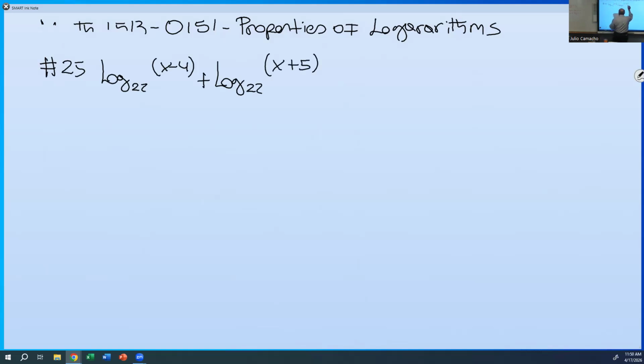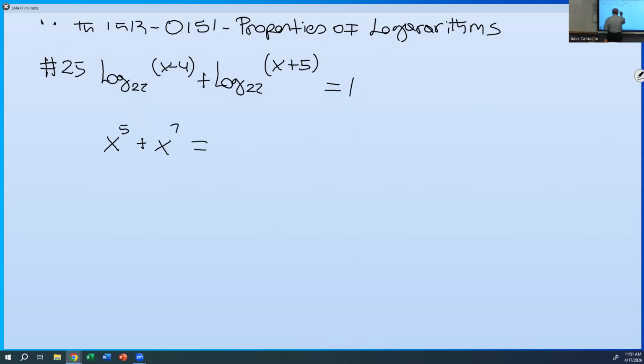I tried to find a better way to explain this, but do you remember when we did, for example, x to the fifth power plus x to the seventh power?